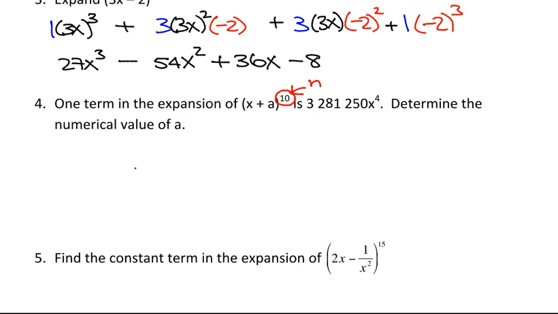So we don't know what term number we have, but I know that this is 10 C K because I know that N is 10.